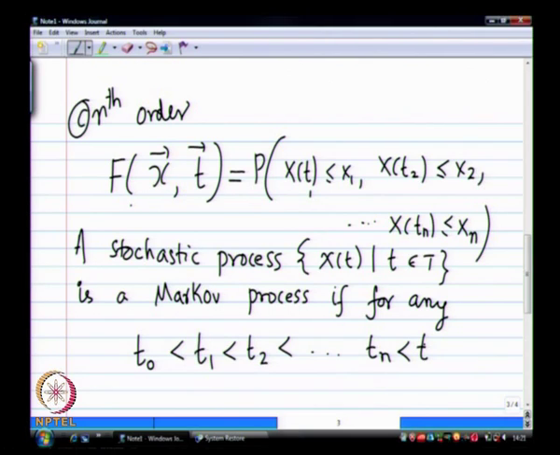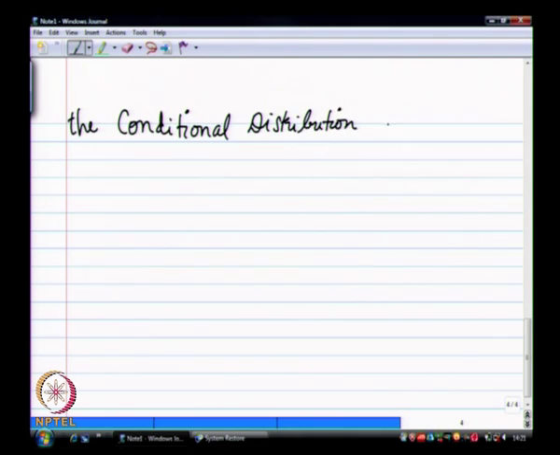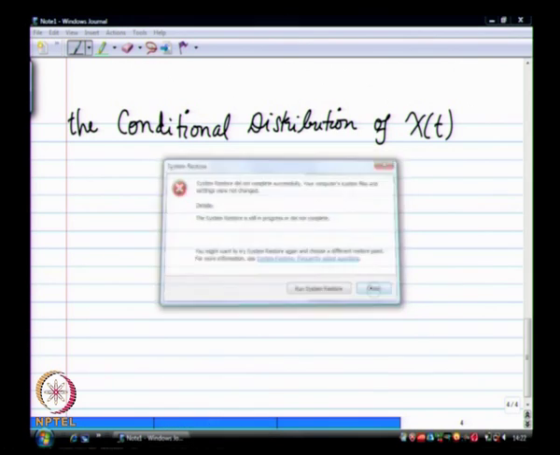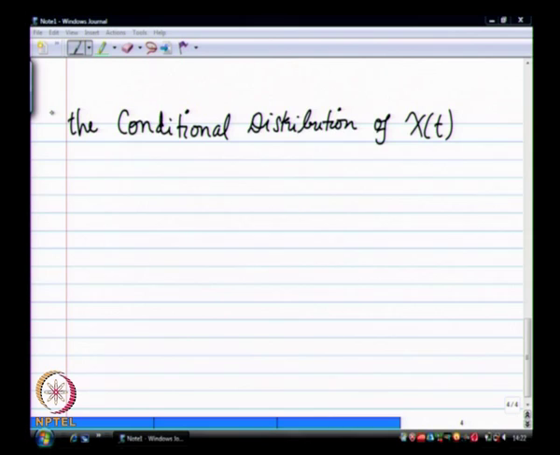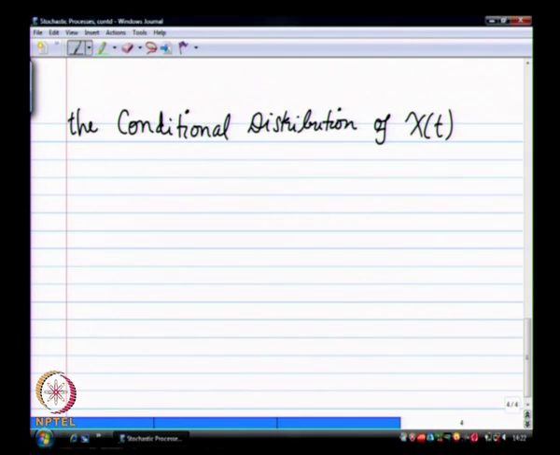Okay. So I have a set of t values, of n time instances. Then the conditional probability, the conditional distribution of x of t, given the values of x at the earlier times.